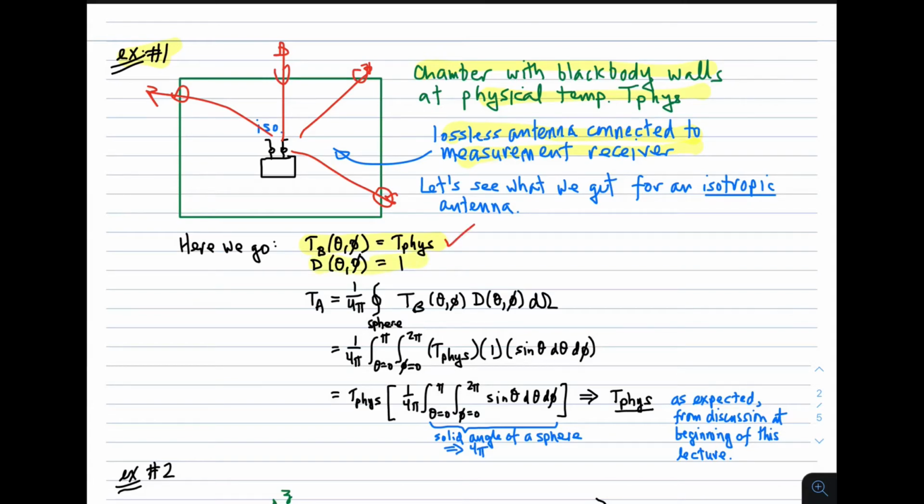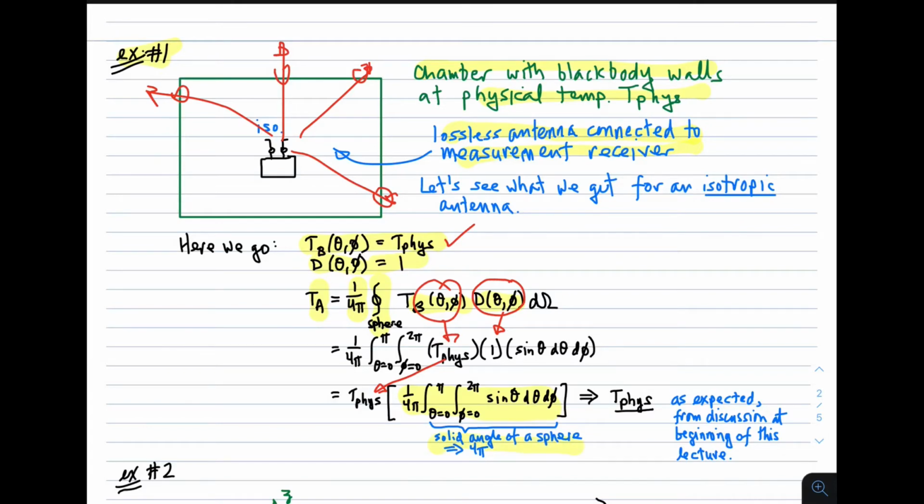So now we just use the expression. The antenna temperature, 1 over 4 pi, integrate over a sphere, brightness temperature times directivity. The brightness temperature is the physical temperature. The directivity is just 1. And now what I'll do is I'll pull out the physical temperature since it's a constant with respect to the integration. And what's left is this expression, which is the solid angle of a sphere.